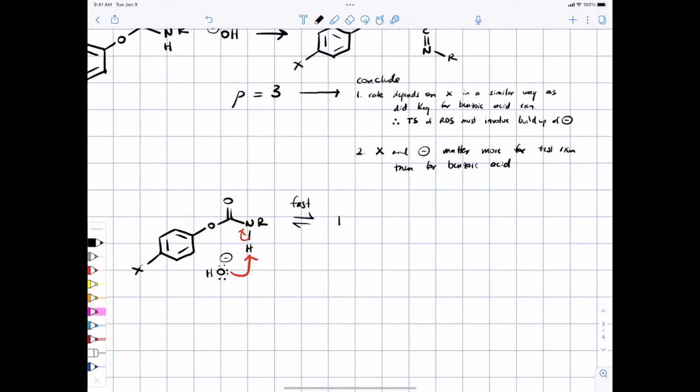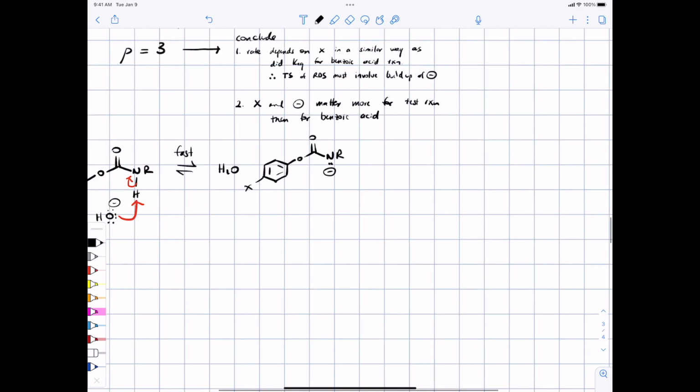And then that generates, of course, water and the conjugate base of our starting material. And then in a subsequent slow step, that is the rate determining step, these electrons kick down here and we release the phenolate leaving group. All right.